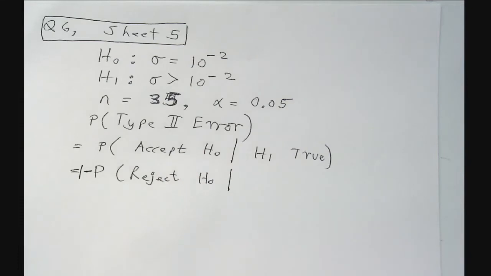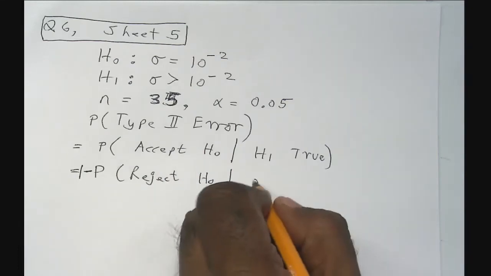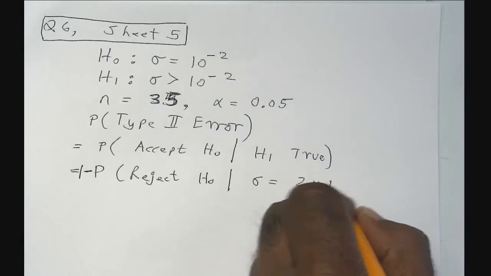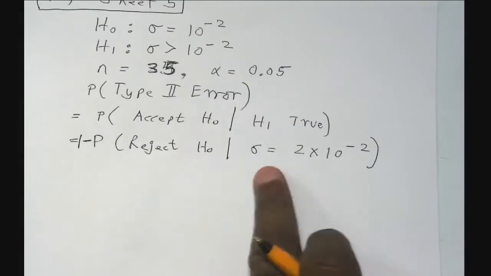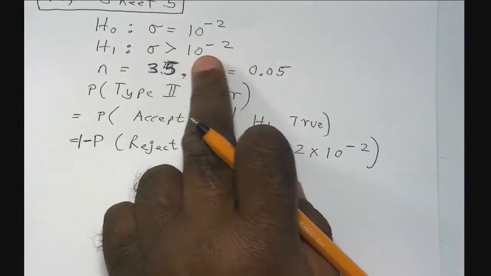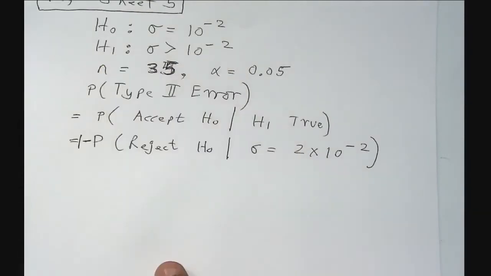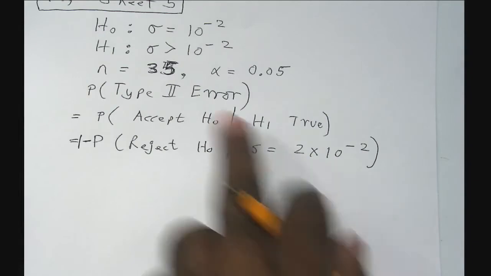In this case, you're told that the true value of sigma is 2 times 10 to the power minus 2, which incidentally satisfies the alternative hypothesis H1, because this is greater than this.